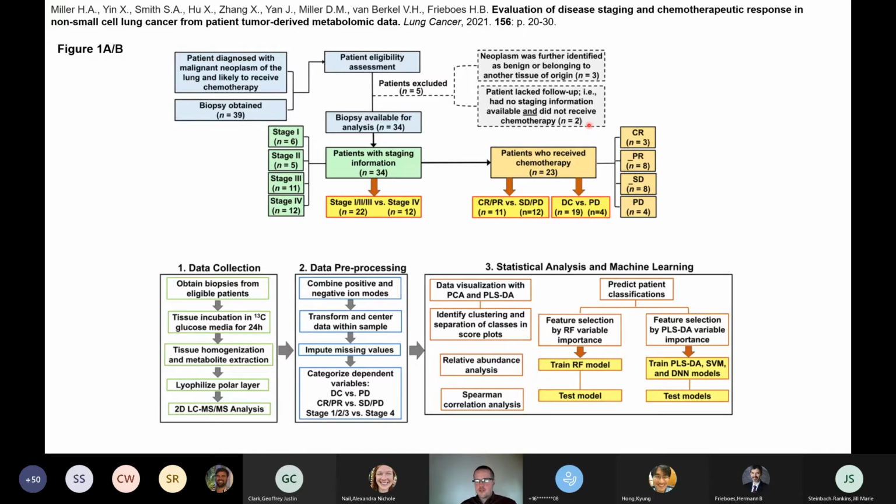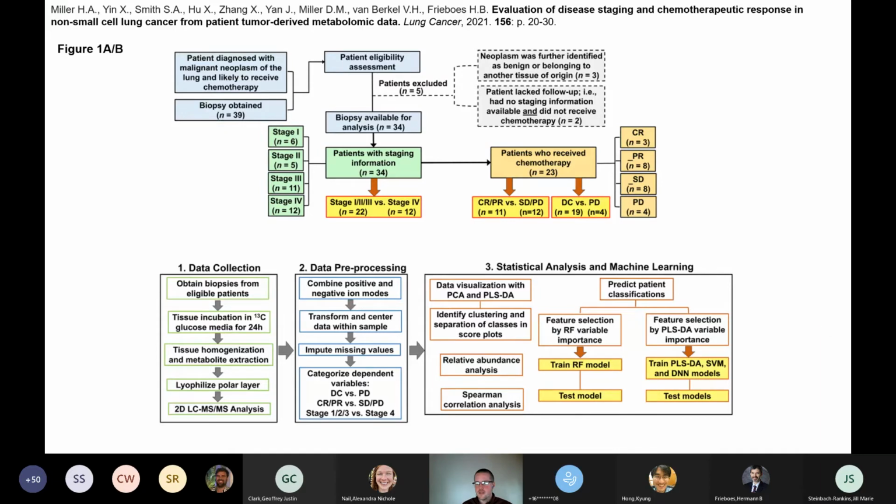Patient response was evaluated clinically and categorized as either complete response, partial response, stable disease, or progressive disease. And we classified the responses as complete response and partial response versus stable disease and progressive disease.